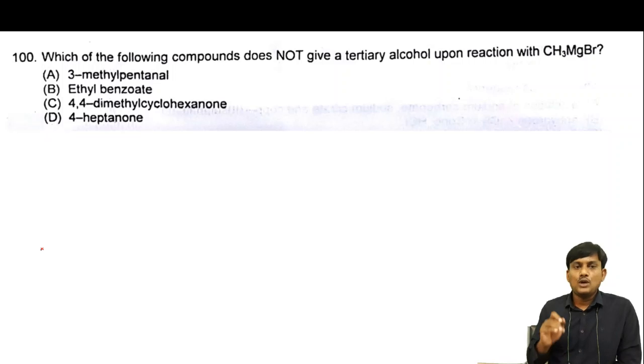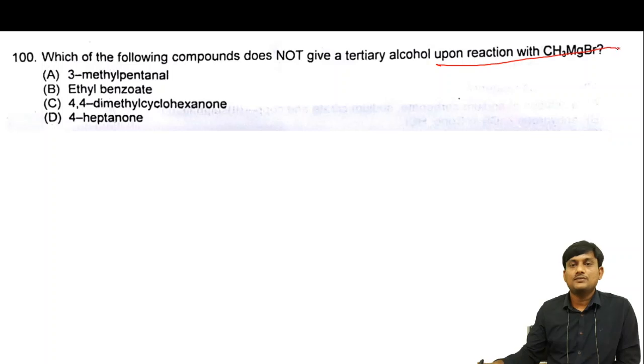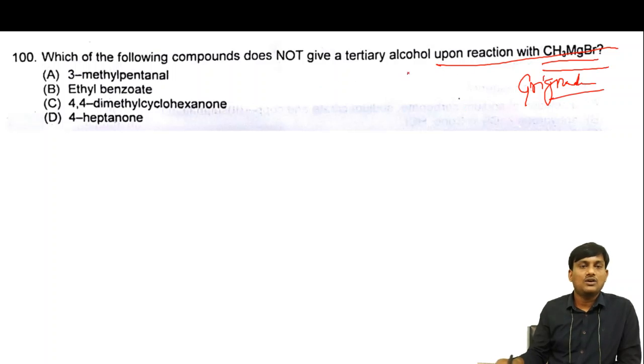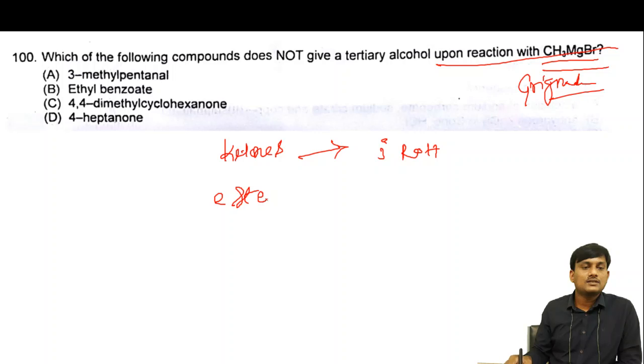Which of the following compounds does not give a tertiary alcohol upon reaction with CH3MgBr? When you react with a Grignard reagent, which one gives a tertiary alcohol? You can generate tertiary alcohol from ketones. Ketones are converted into tertiary alcohols, and also esters are converted into tertiary alcohols.